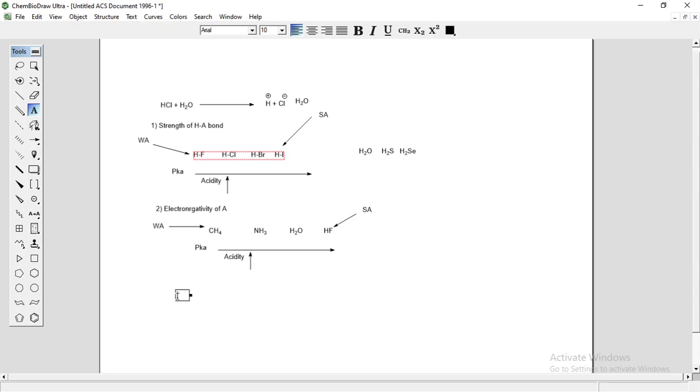Then the next one is the factors stabilizing the A minus of H-A. The first factor is hybridization, the effect of hybridization.